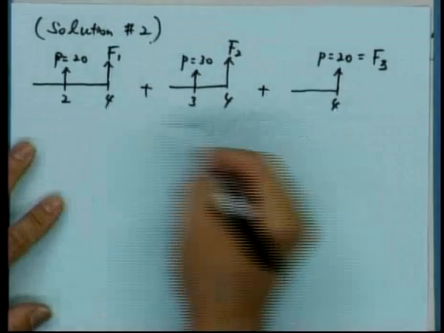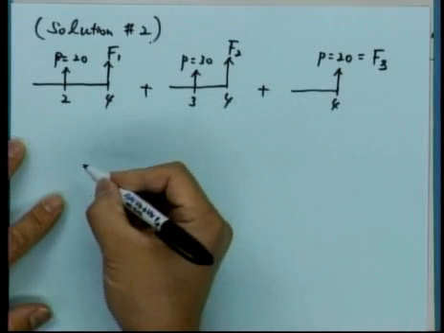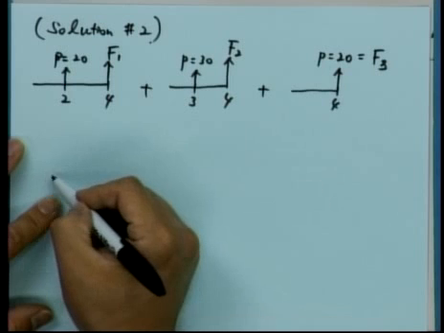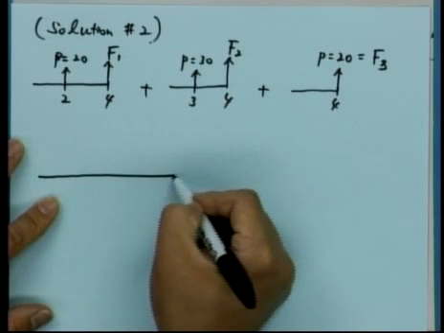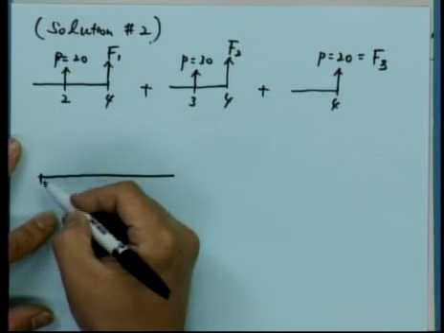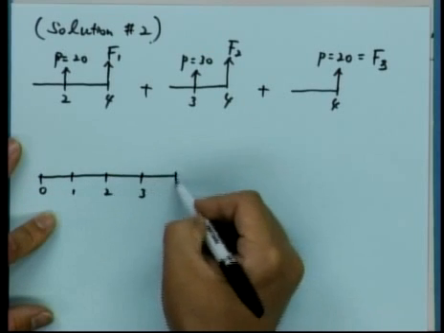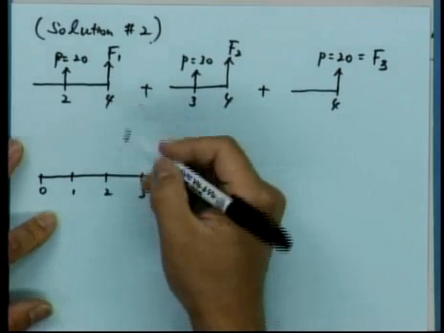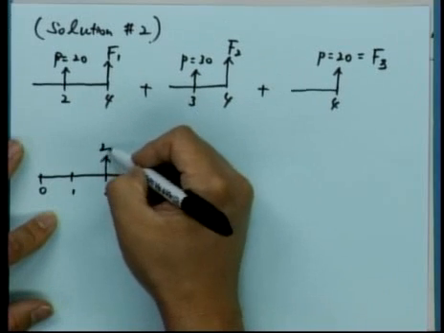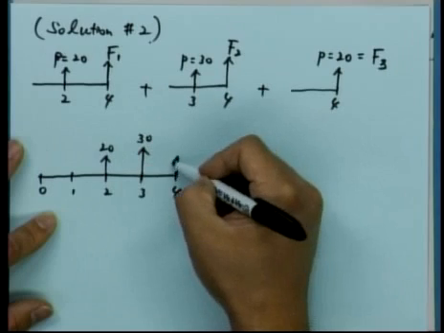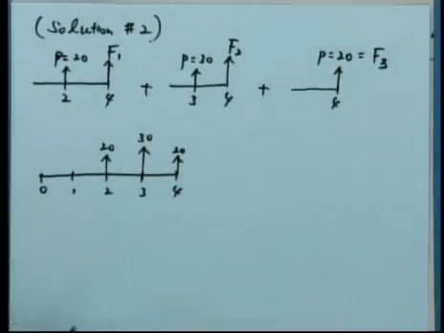And if you combine all 3 of them, then it's going to be the same as this, right? 0, 1, 2, 3, 4, with 20, 30, 20.